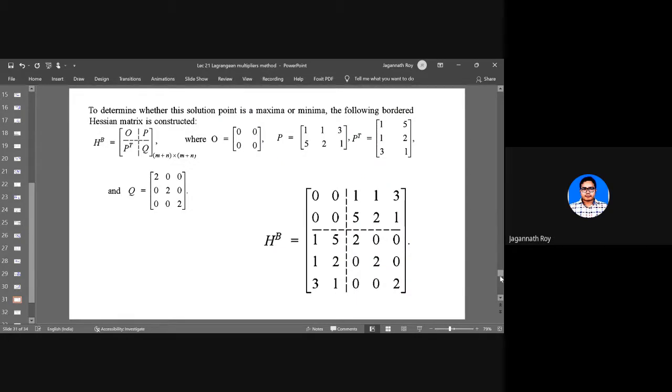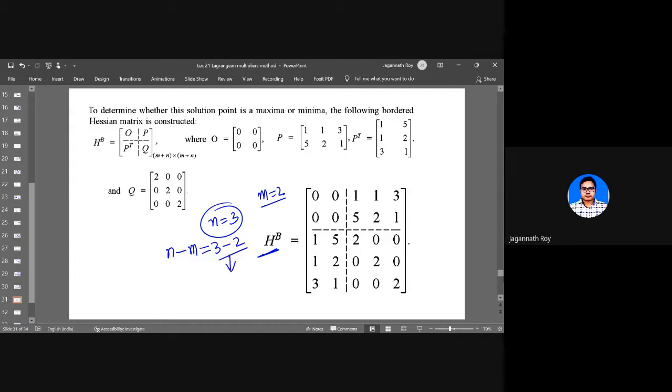Then what we have to find? The bordered Hessian matrix, HP. This is a 2 by 2 zero block matrix, because m equals 2 here and n equals 3 here. So n minus m is 3 minus 2.